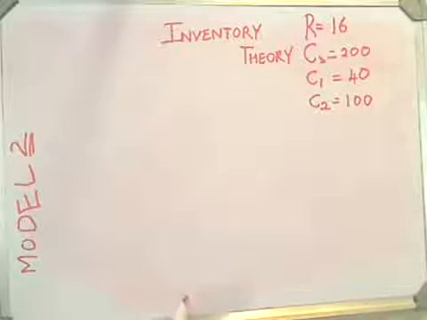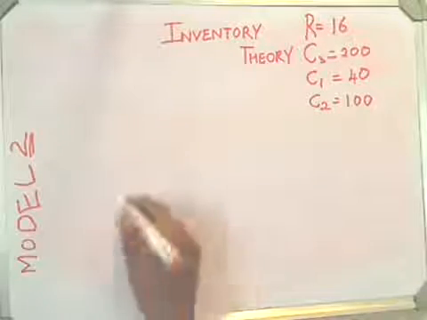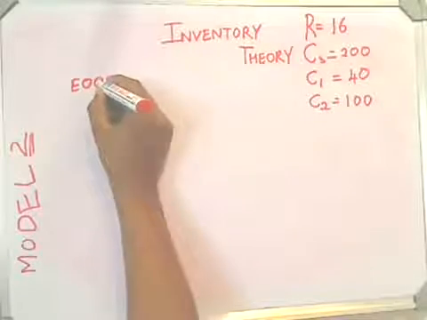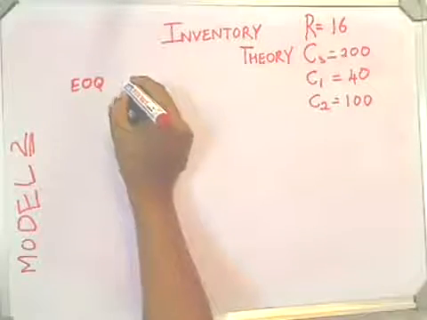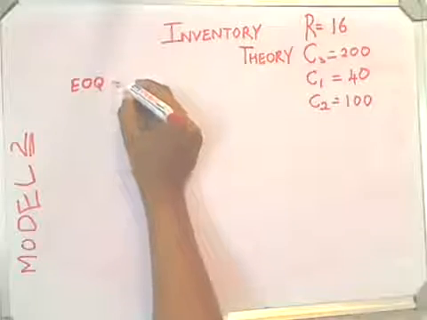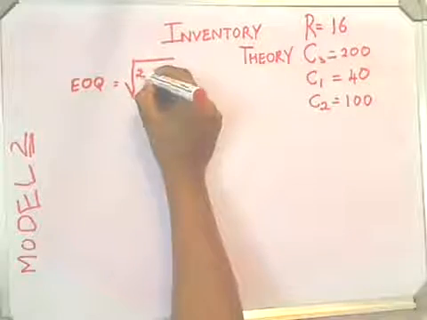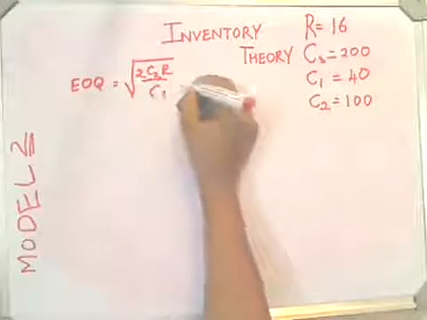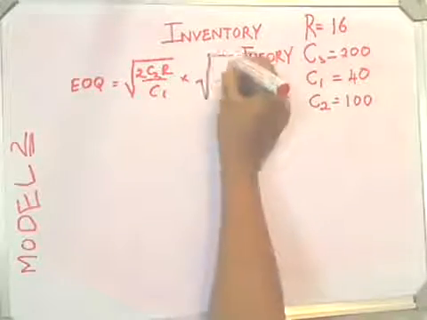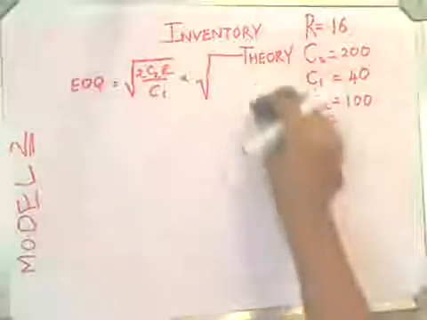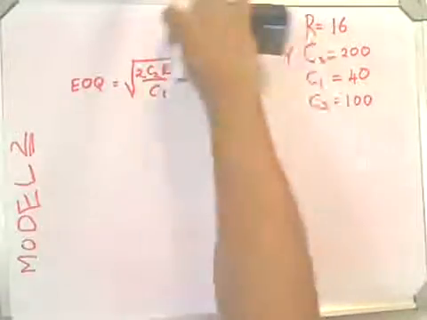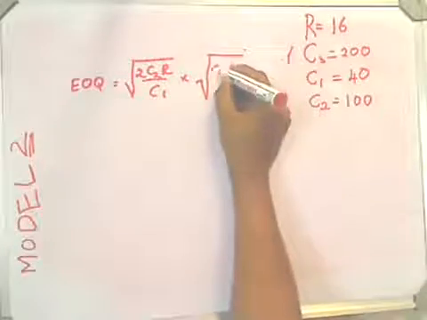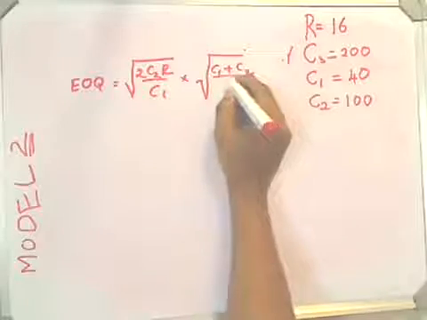Now, the first one again, we'll look at EOQ, economic order quantity. EOQ gets slightly lengthier here when you go about calculating. The formula here would become the square root of 2C3R divided by C1, multiplied by the square root of C1 plus C2 divided by C2.